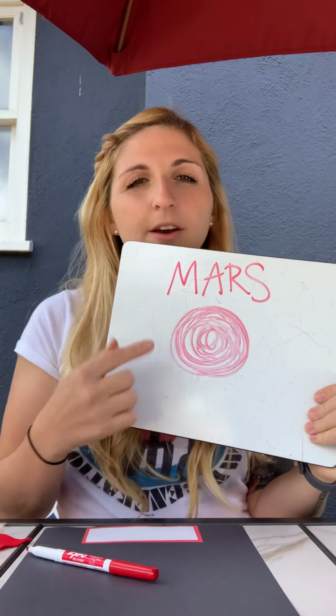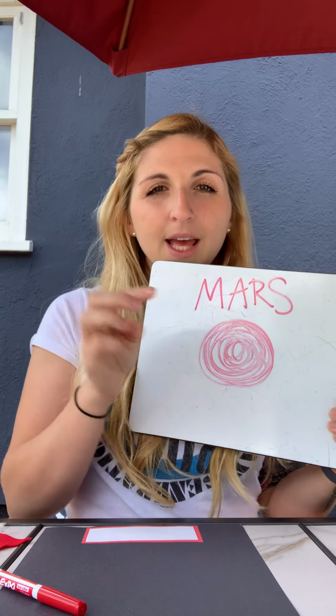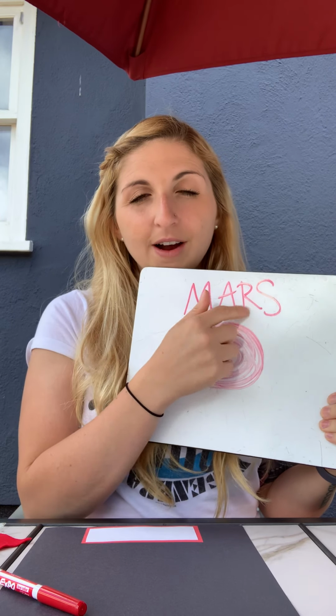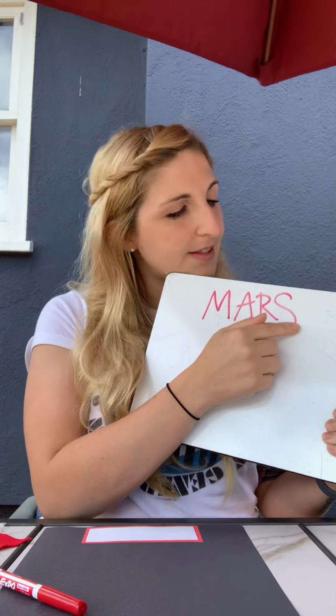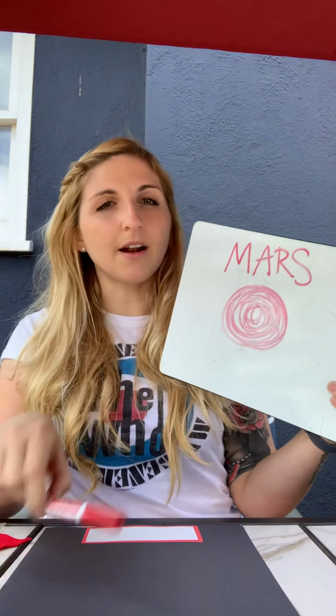Now, remember when we write, we go from left to right. So I'm going to look at the letters. How did we spell Mars? M, A, R, S. So why don't we go ahead and start with the first letter? M. Down, up, down.